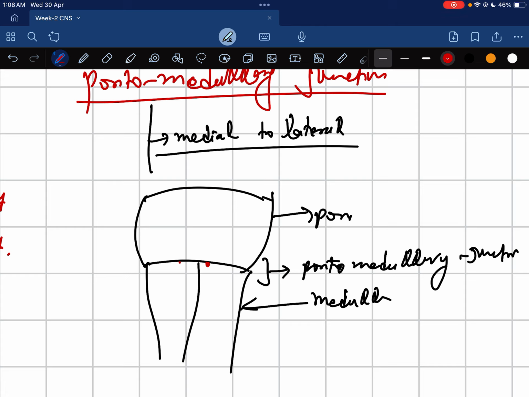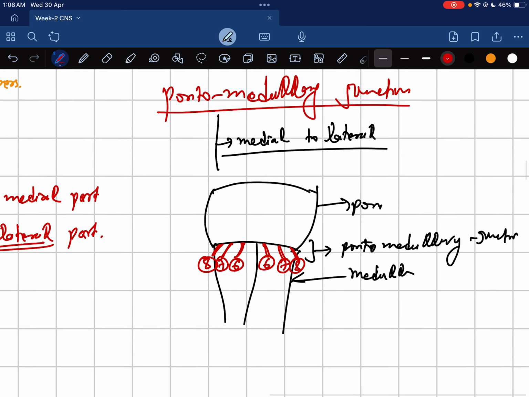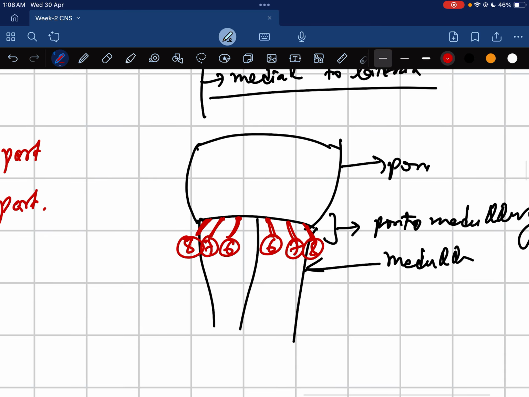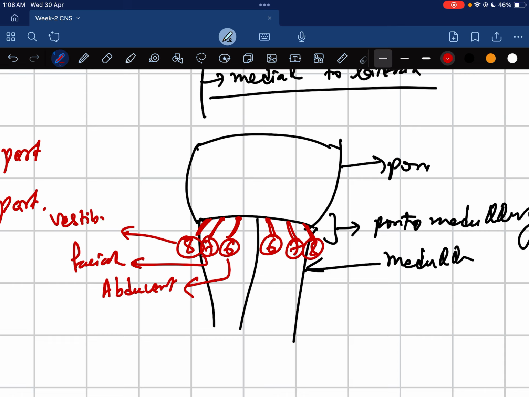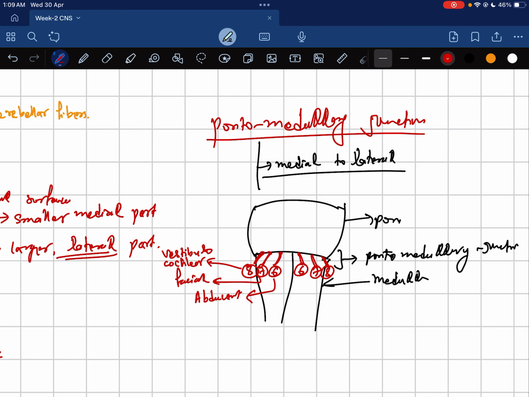From medial to lateral, there is origin of three nerves, 6, 7 and 8: the abducent nerve, the facial nerve, and then the vestibulocochlear nerve.